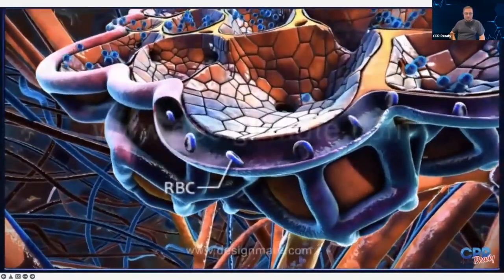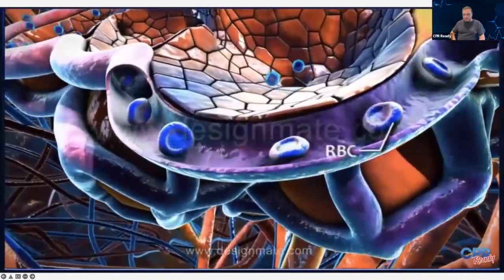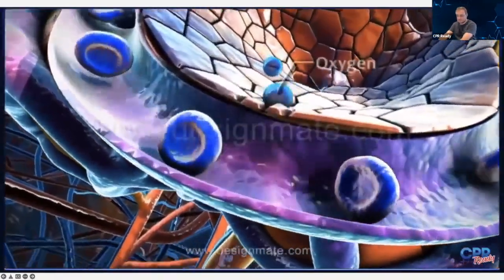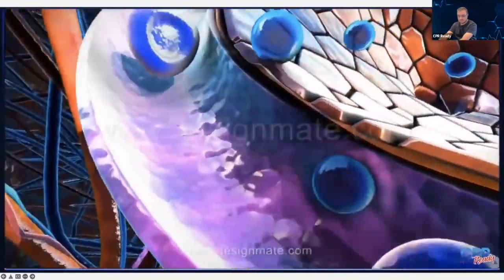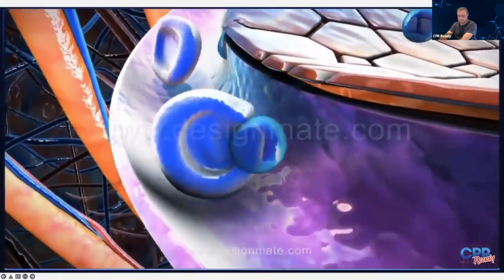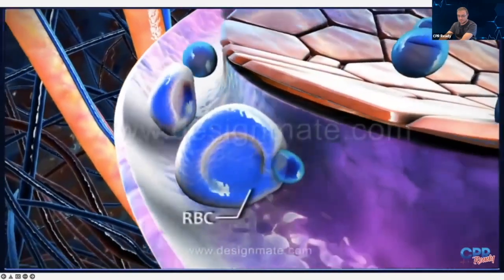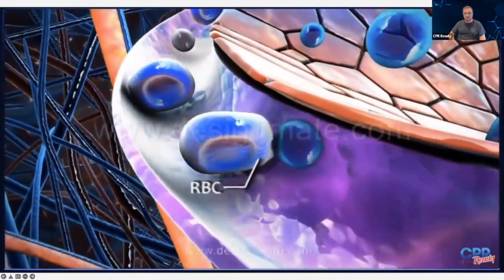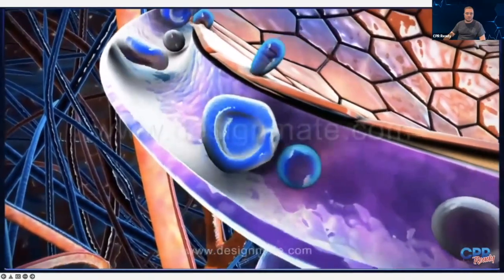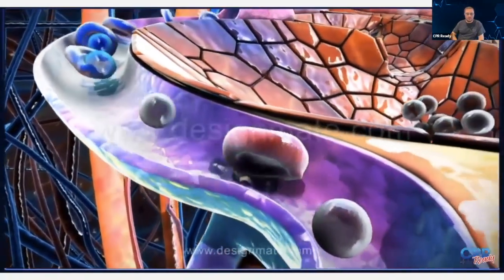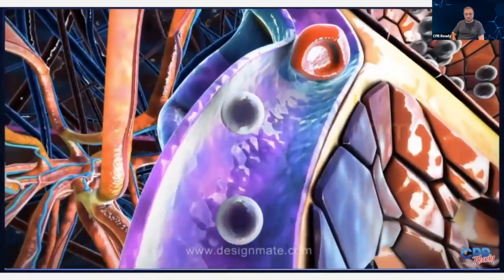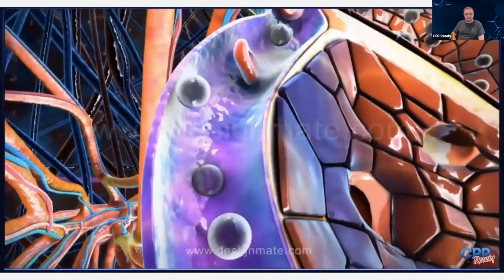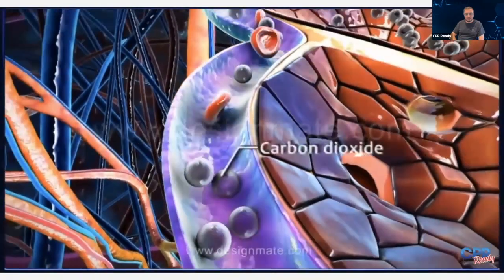Blood containing RBCs is seen flowing through the capillaries. The oxygen molecules from the alveolus diffuse into the capillary and then get absorbed by the bluish-purple RBCs. This causes oxygenation of the RBCs, and a transition in their color from bluish-purple to red is observed. The blood moving into the alveolus contains RBCs and carbon dioxide molecules.